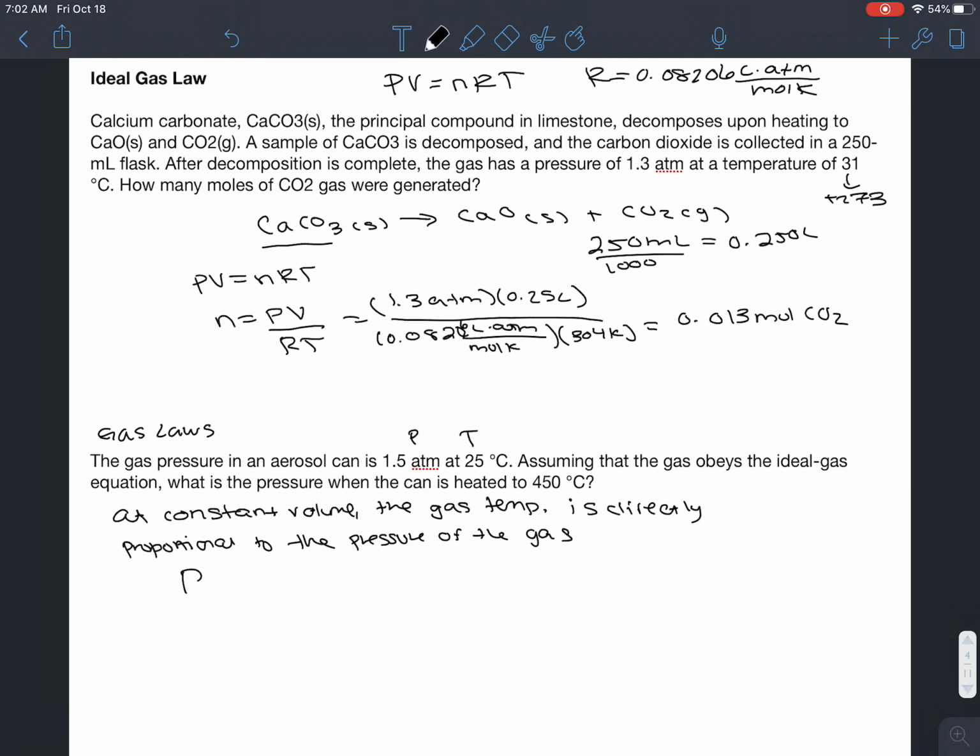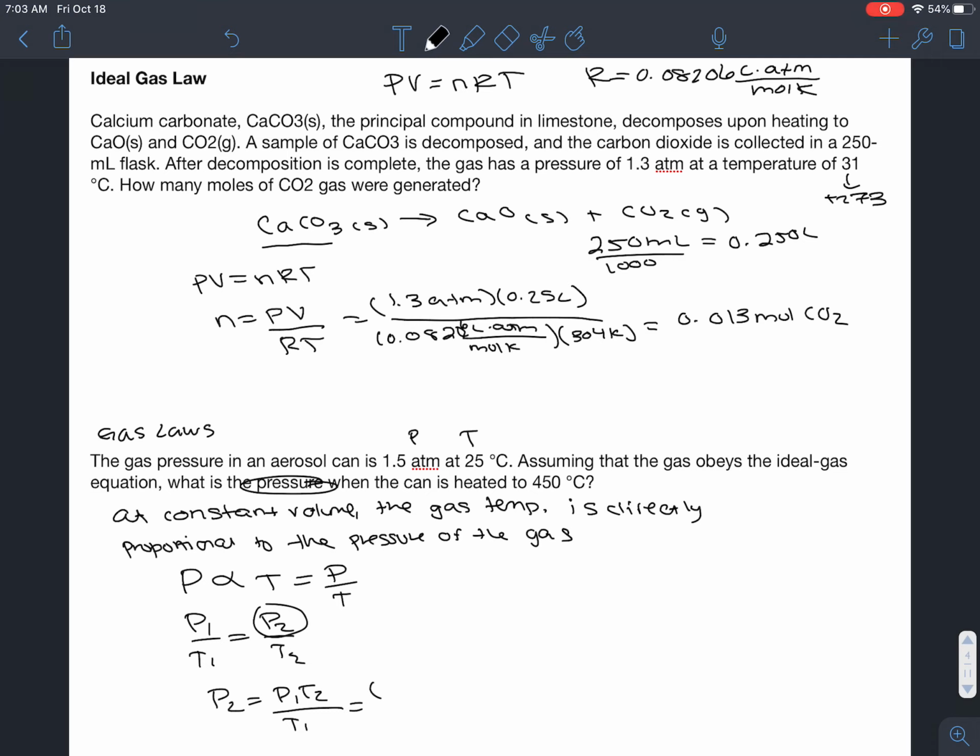So that gives us our gas law equation, P1 over T1 is equal to P2 over T2, where here we are solving for the pressure, so P2, which will then give us pressure 1 times temperature 2 divided by temperature 1.